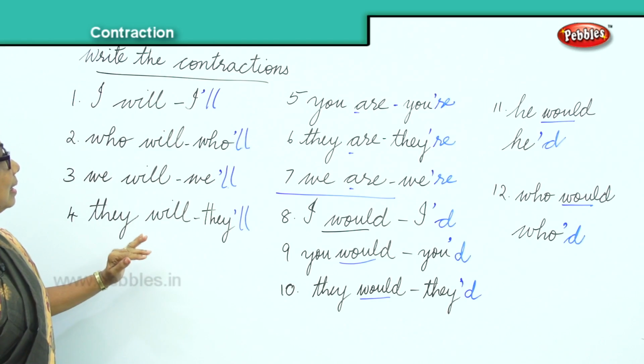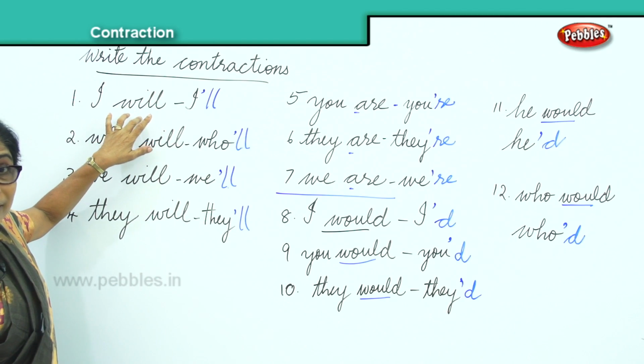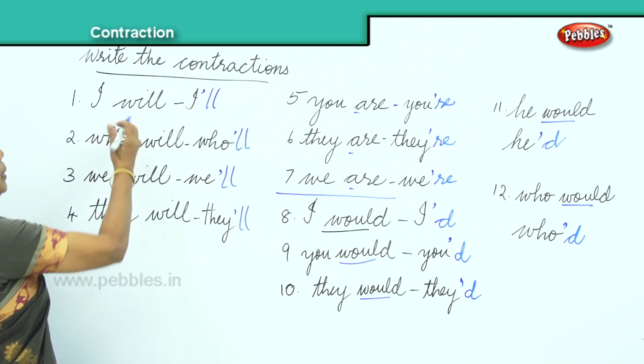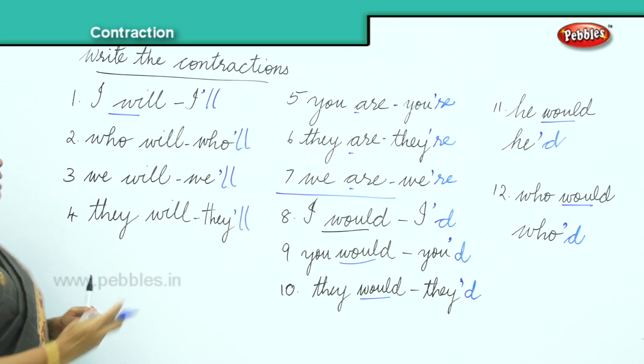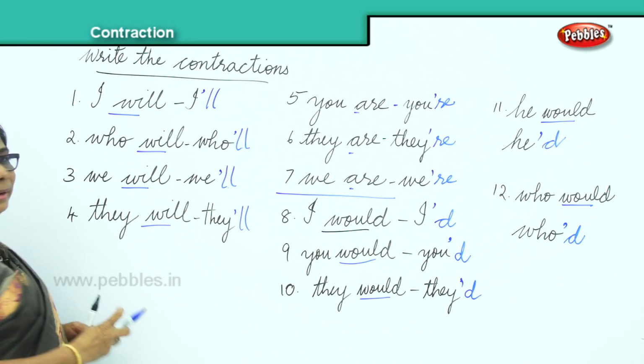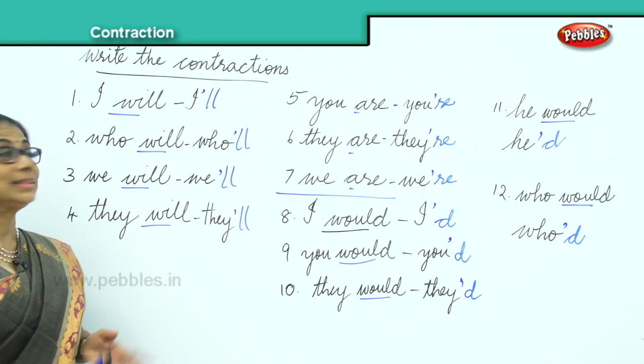And with will, as in who will, I will, you will, you drop W and I and just write apostrophe and double L.